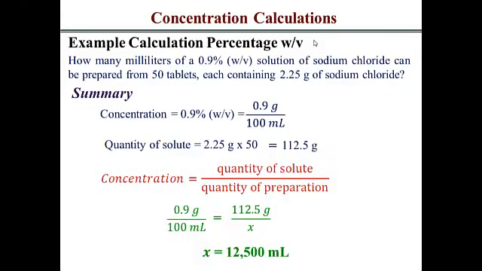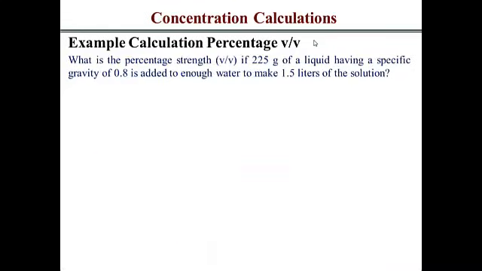So basically, if you dissolve 112.5 grams in 12,500 milliliters, you would have a 0.9% sodium chloride solution, which by the way is isotonic. So we looked at two examples of the weight by volume. Let's look at an example of the percentage volume by volume and how it works.